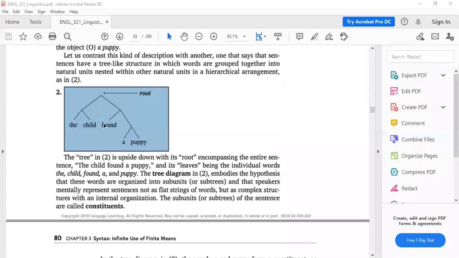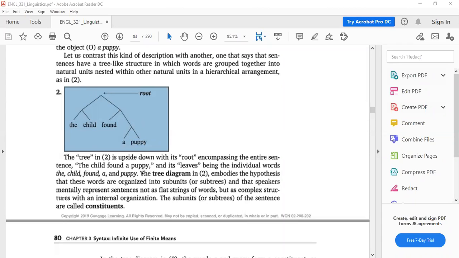And here, this shows the hierarchical structure. So a puppy is a unit that is embedded within a larger unit, found a puppy, and with the child, they form the whole S or sentence.